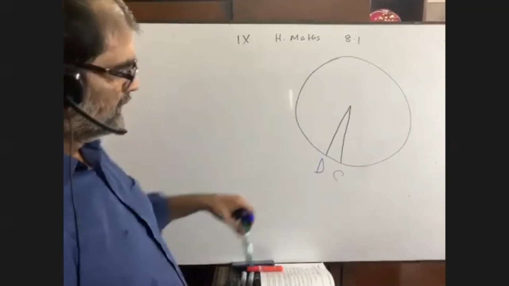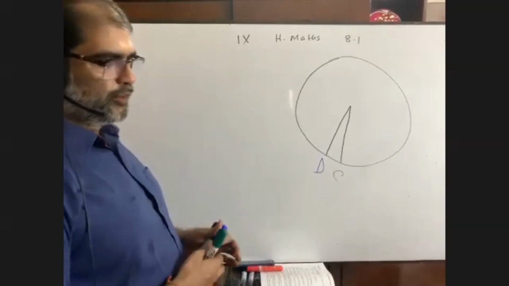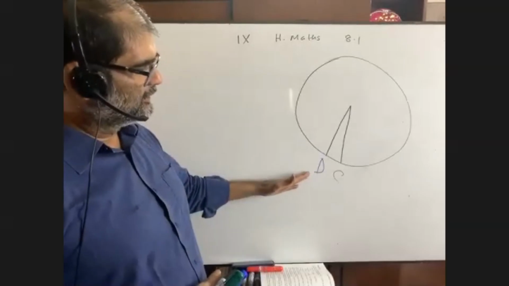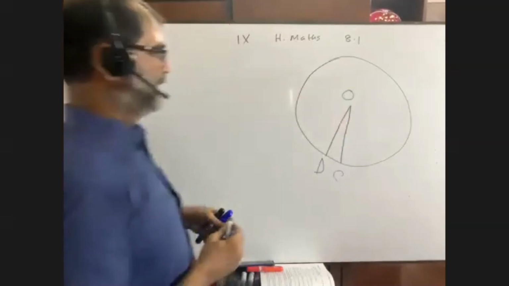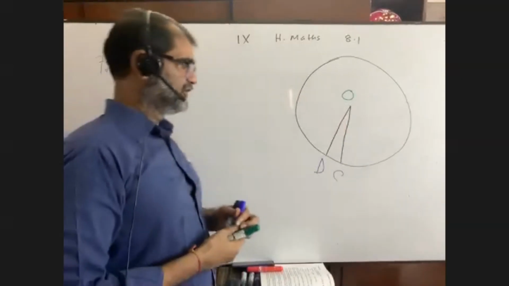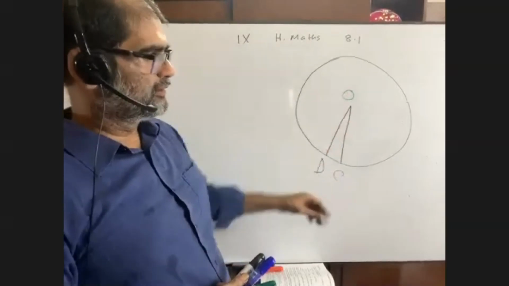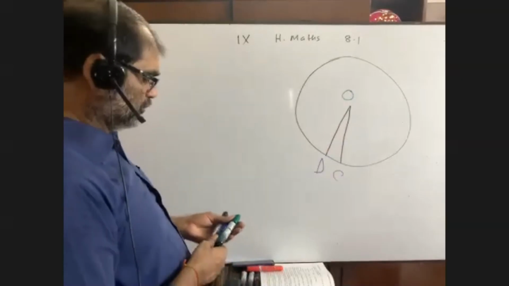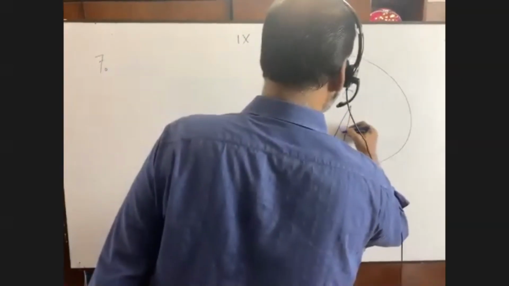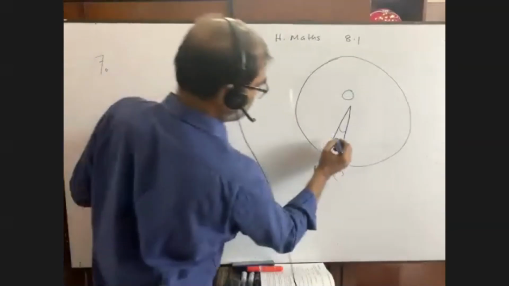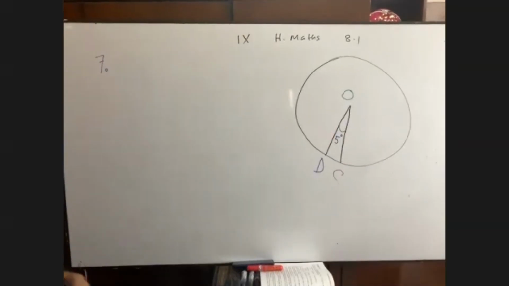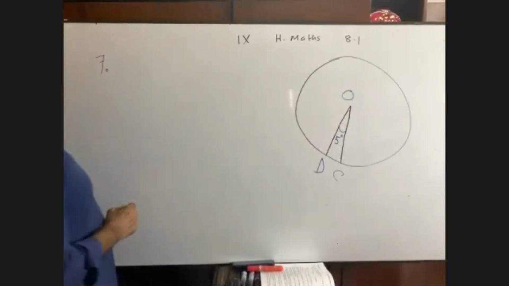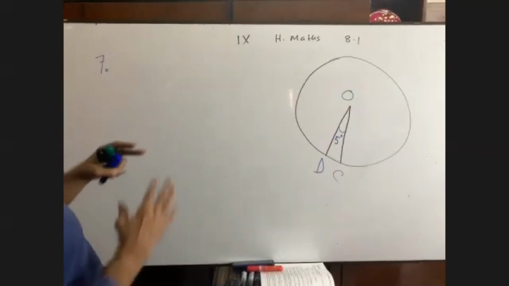If anybody is sent from Dhaka to the center of the Earth, and likewise from Chittagong, then these two straight lines make an angle of 5 degrees at the center of the Earth. Please try to understand.